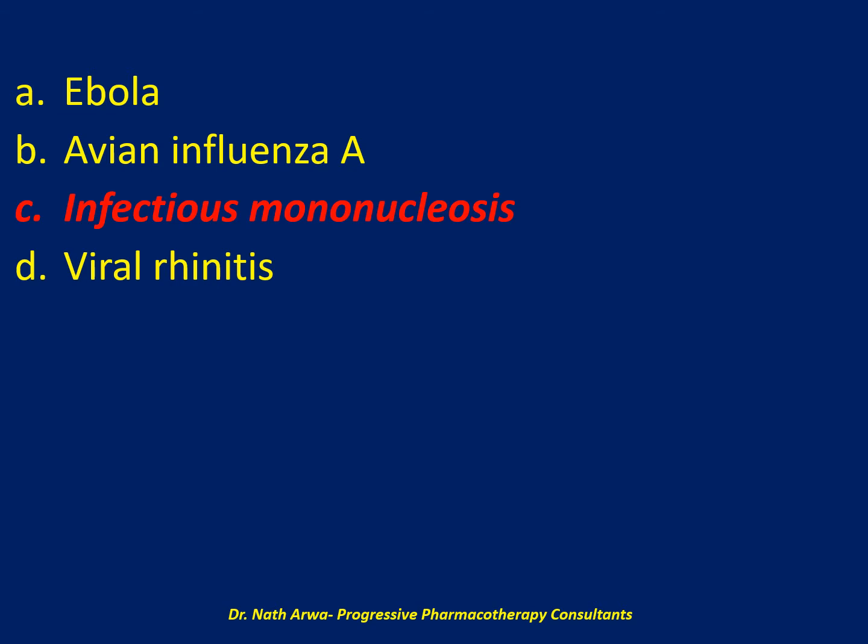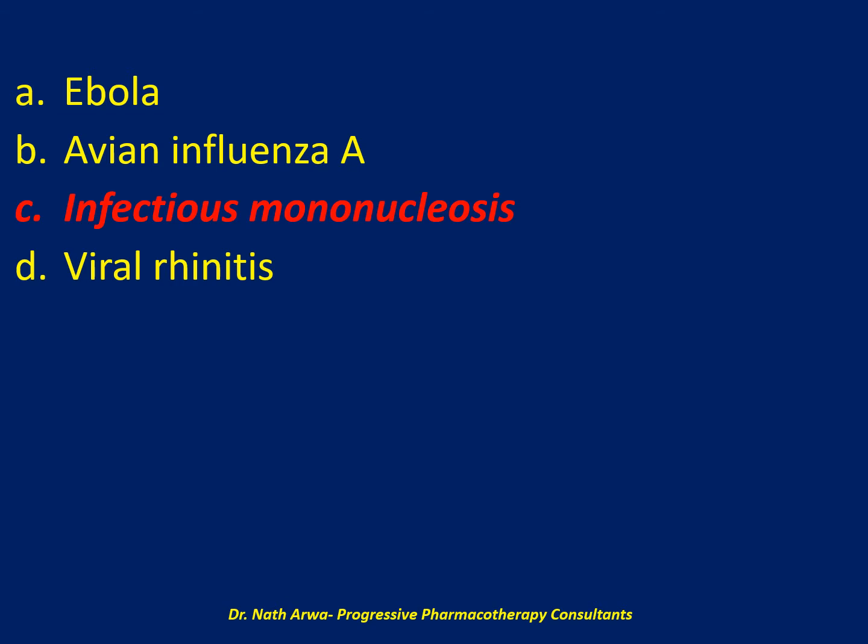Then the Ebola virus disease, abbreviated as EVD, is a rare and deadly disease, most commonly affecting people and non-human primates. And its signs and symptoms include fever, severe headache, fatigue, muscle pain, vomiting, diarrhea, stomach pain, or unexplained bleeding or bruising. So that also makes it an unlikely answer to this question.